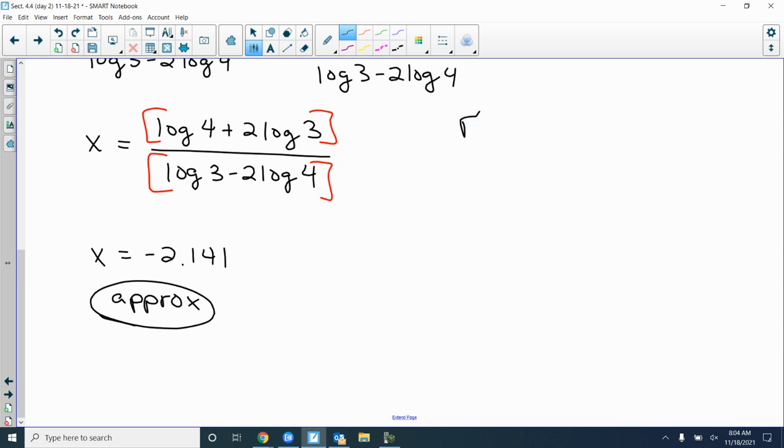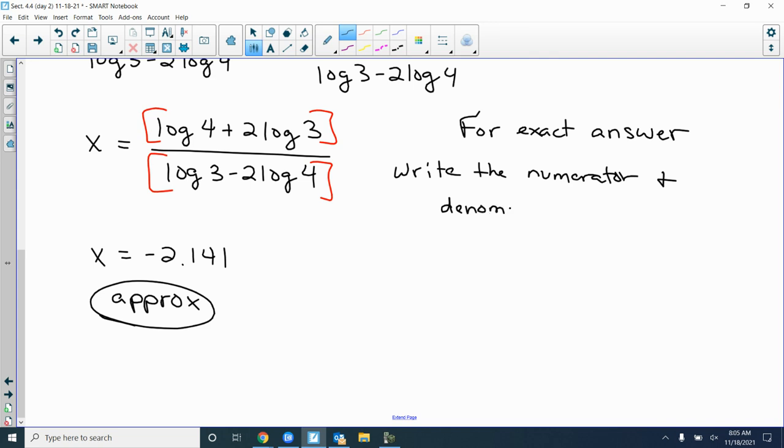So we also want the exact answer for this case here. For the exact answer, write the numerator and denominator as a single log.